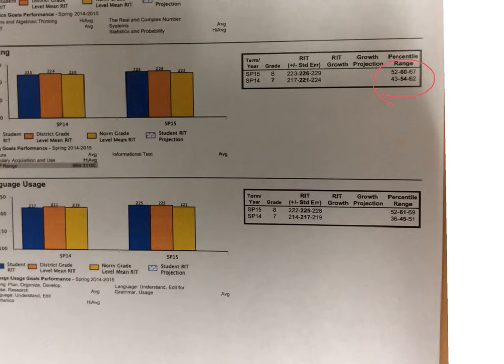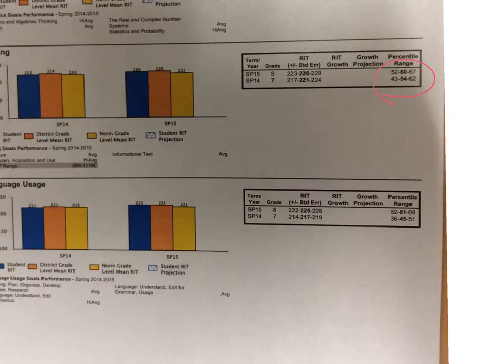And again, we're looking at our end of the year norm numbers. You can reference the others to see how much above or below, but just to give you an idea of how much the norms changed, the norms actually went down, which means our students scored even higher in comparison to the norms.